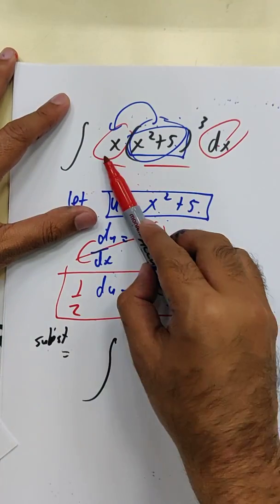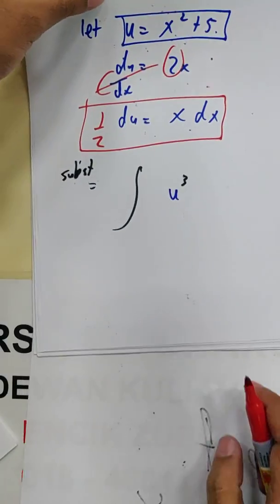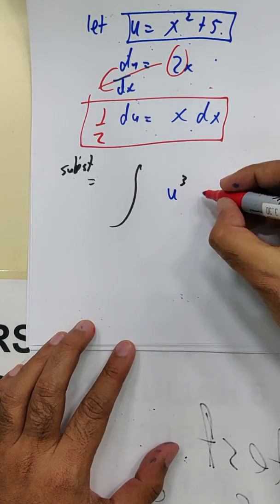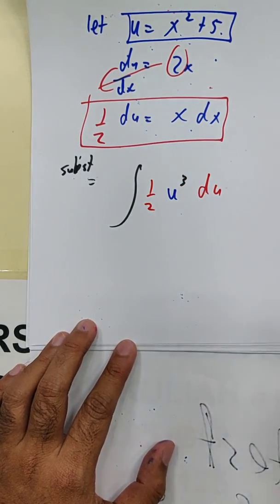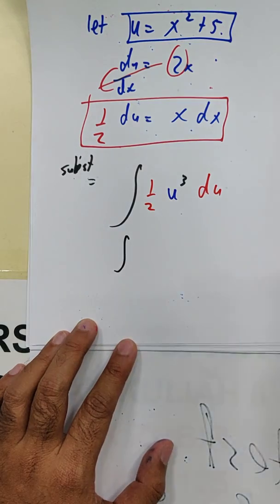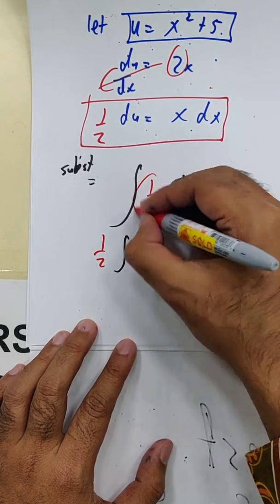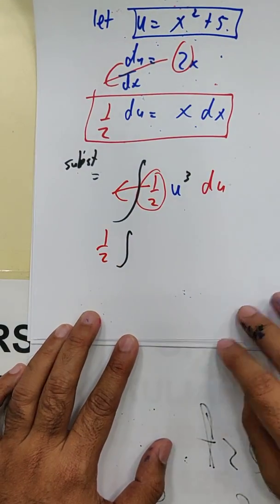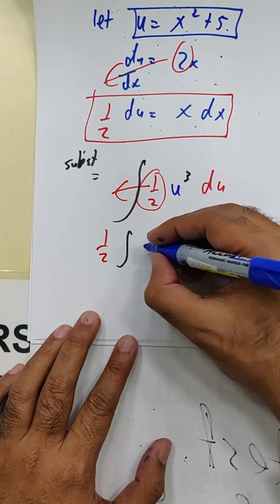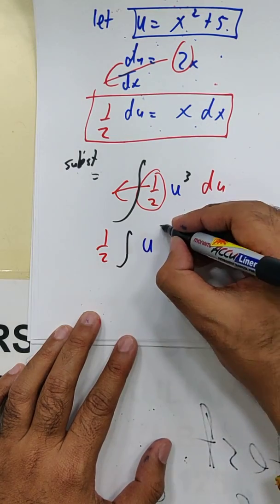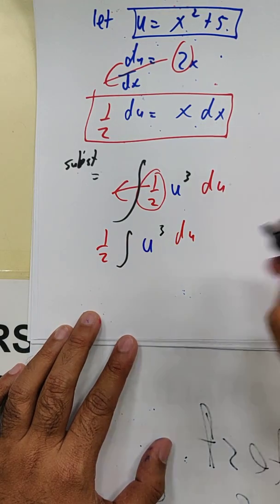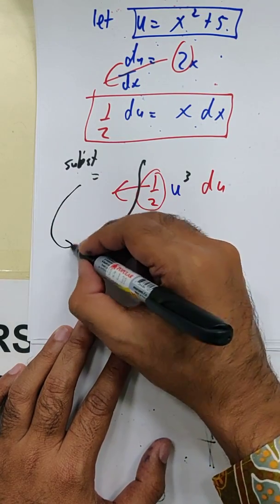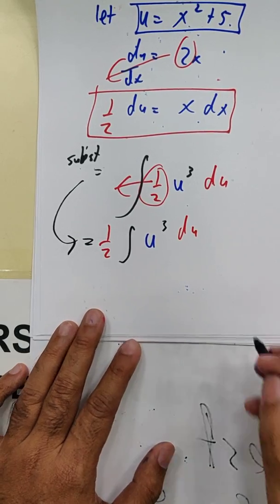The x dx becomes half du. I can write down my du here, I can write down my half here, but I prefer to transfer my half directly outside, because half is just a constant and you don't need it. If I were you, I'd skip straight to this process.